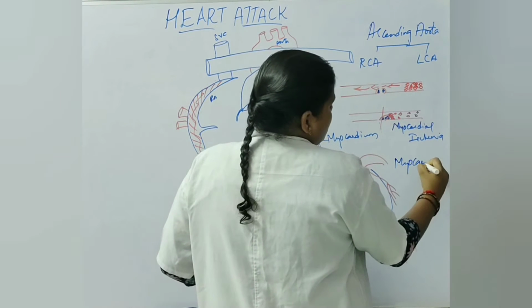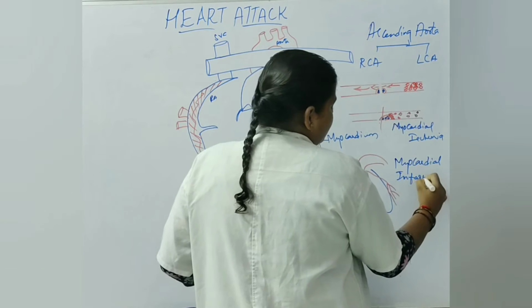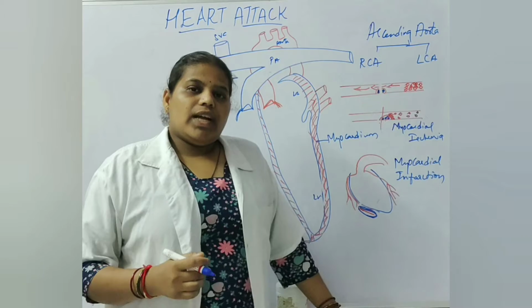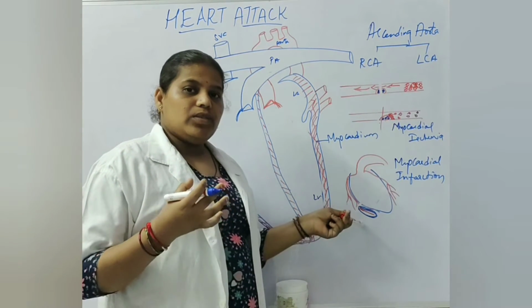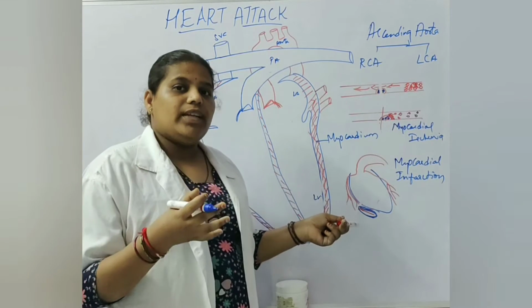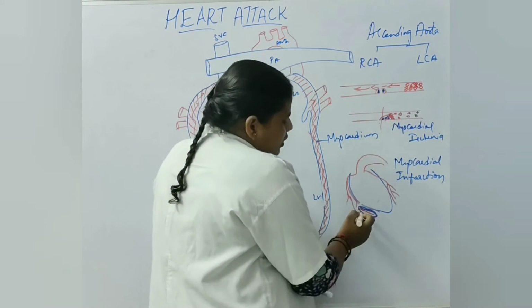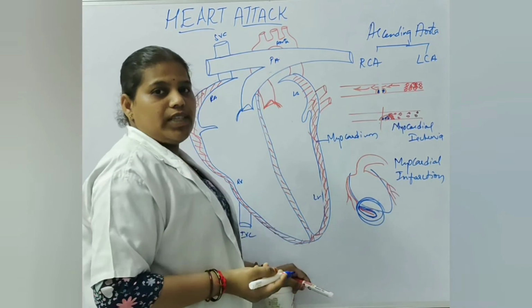Myocardial infarction. Myocardial infarction is due to the lack of blood supply to the ventricles, to the myocardium of the heart. There is tissue damage. Obviously, when we don't get blood to the tissue, it will be damaged.